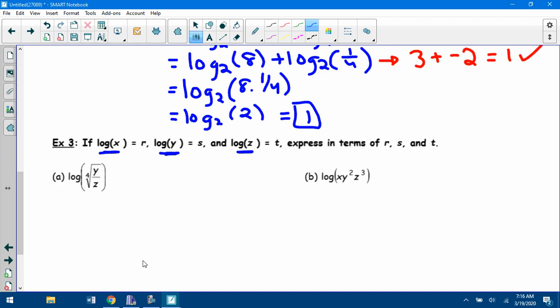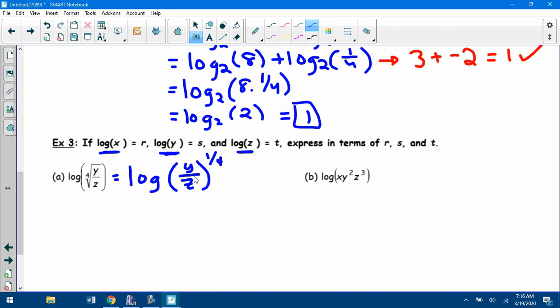So if you were going to expand this, just like I did on the last page, what would we do first? We'd want to think of the 4th root as 1/4 power. This is y over z, all raised to the 1/4. And I could bring the 1/4 out front, but then again, you've got those parentheses you have to deal with.